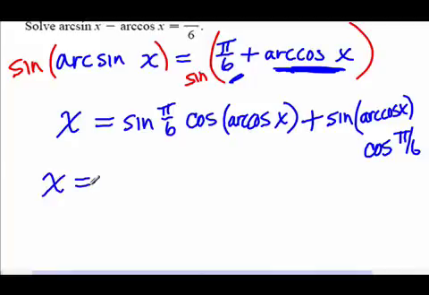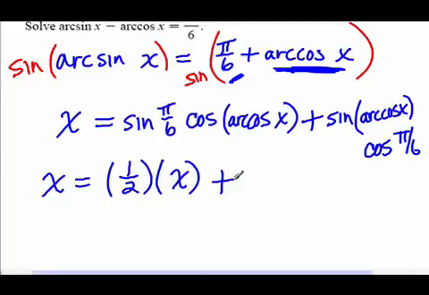We have x equals, the sine of pi over 6 is 1/2, and cosine arc cosine x is x, plus, on the other hand side, let's do the easy one. The cosine of pi over 6 is square root of 3 over 2 times, no clue right now.